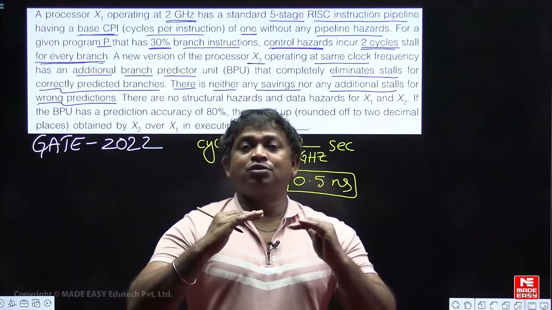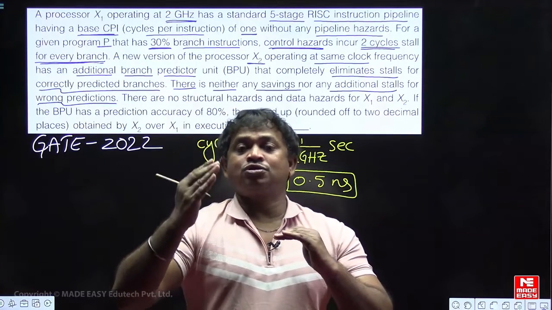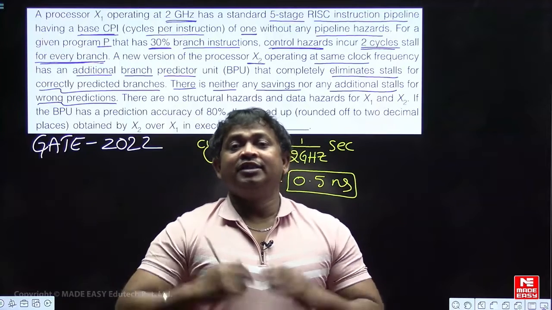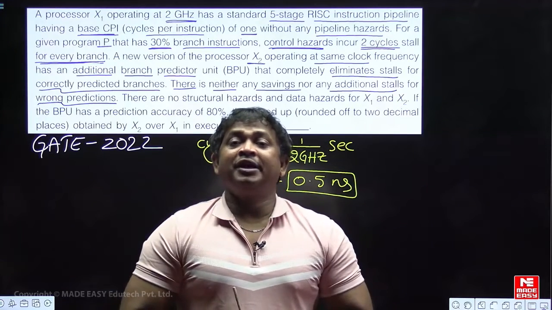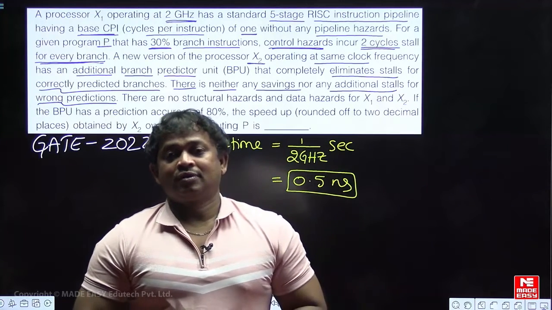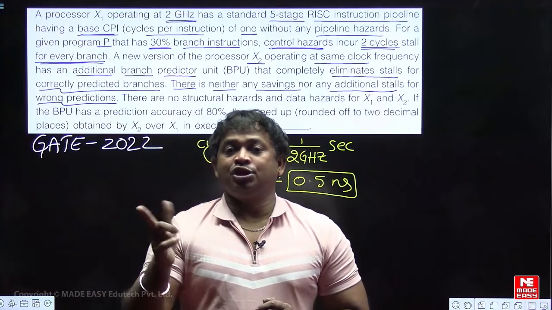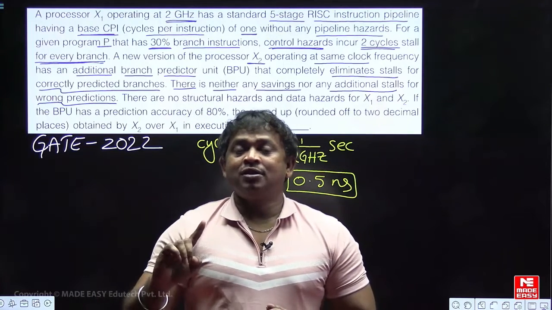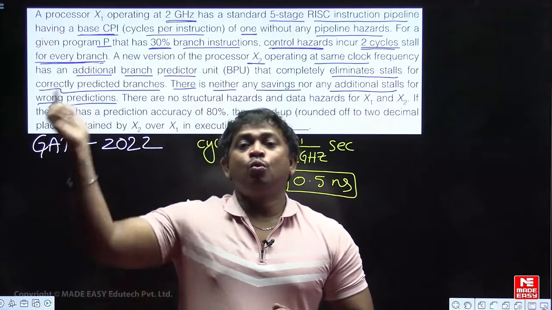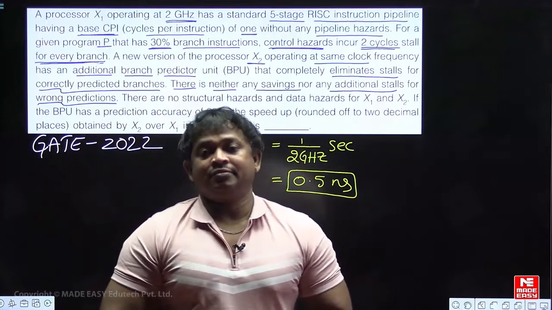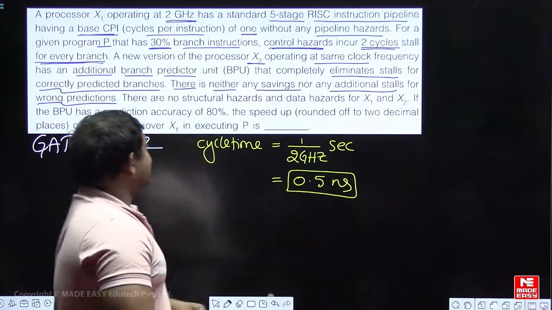Those stalls are not increased or decreased in the new CPU when prediction is false. Got the point? When prediction is true, branch penalty is 0. When prediction is false, branch penalty equals the old processor branch penalty. That is its meaning.